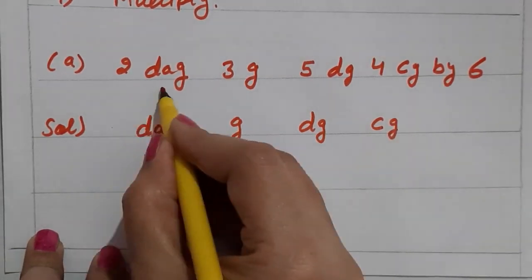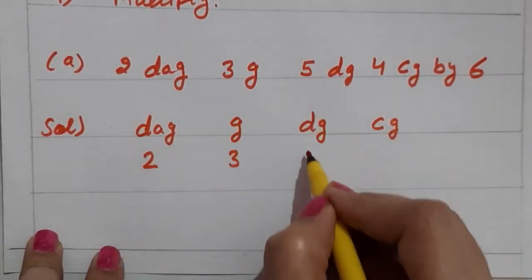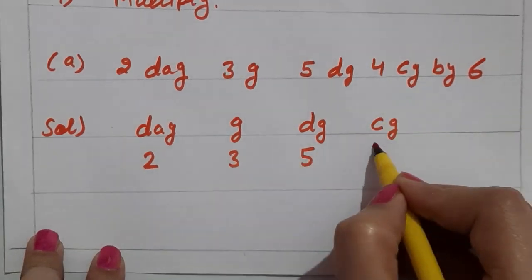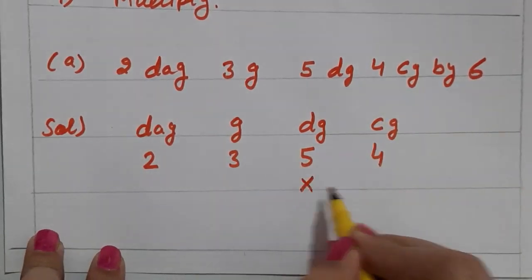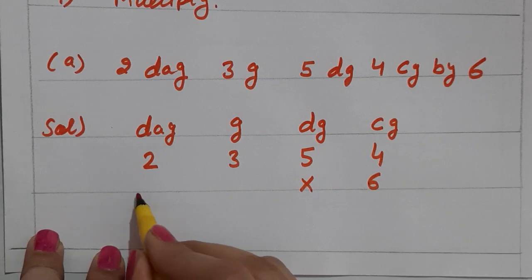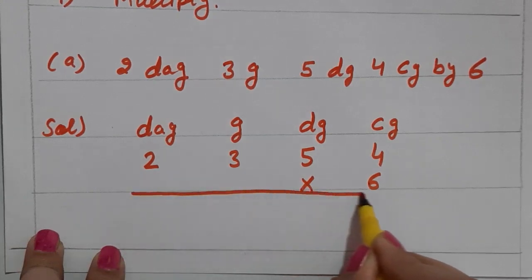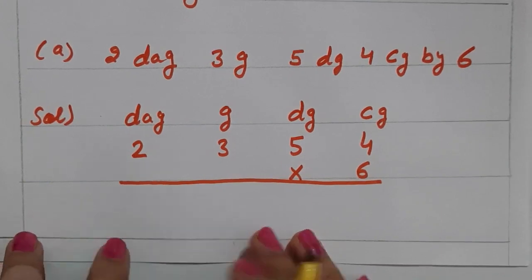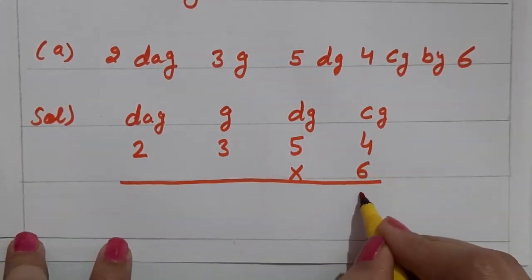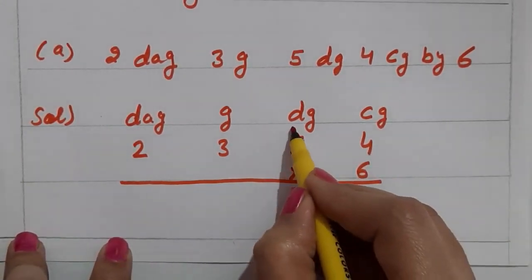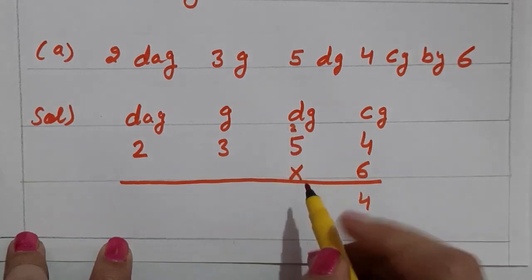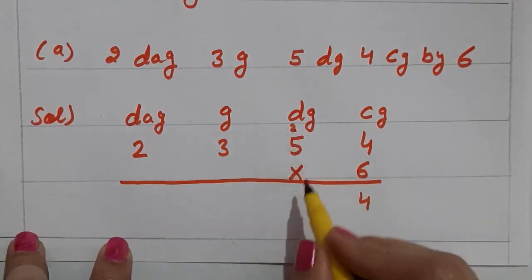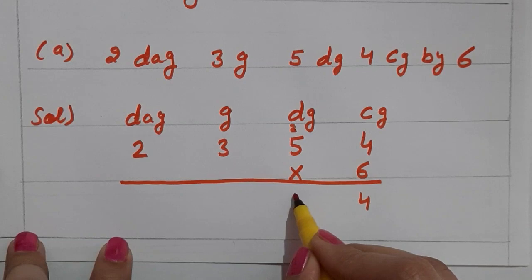Now write down 2 decagram, 3 gram, 5 decigram, 4 centigram. Multiply by 6. Right? 6 4s are 24. 4, 2 will be here. 6 5s are 30. 30 plus 2, 32.